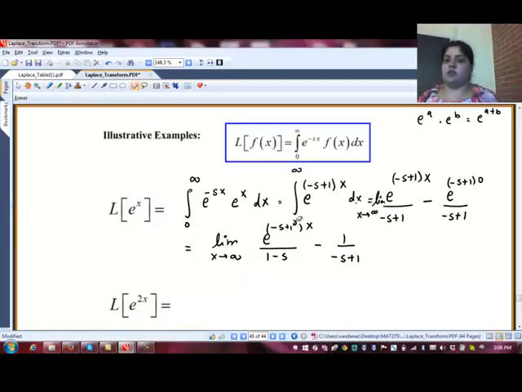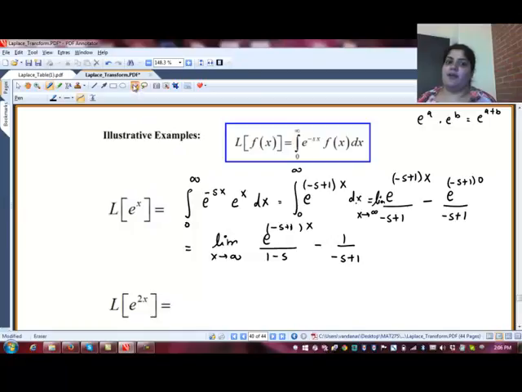This 0 is not here, this is in the integral. When will this go to infinity? Oh, when s is equal to 1. When s is... I'm trying to figure out how to say it. When that negative s term.